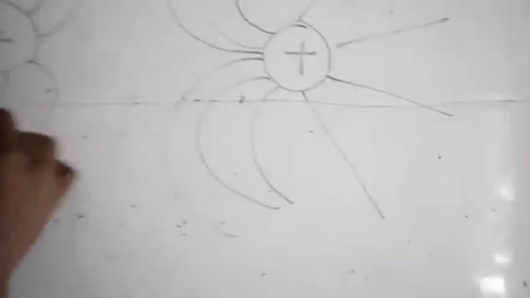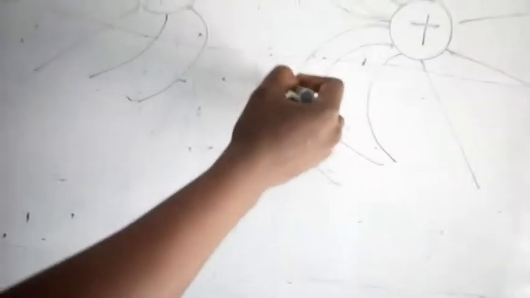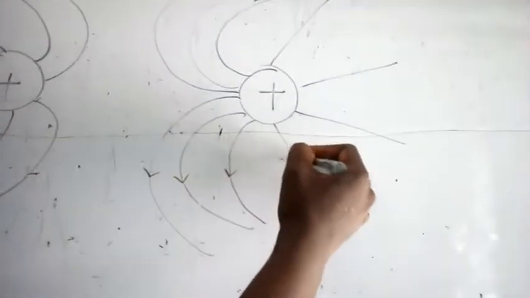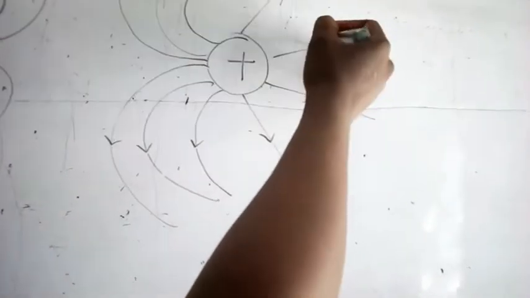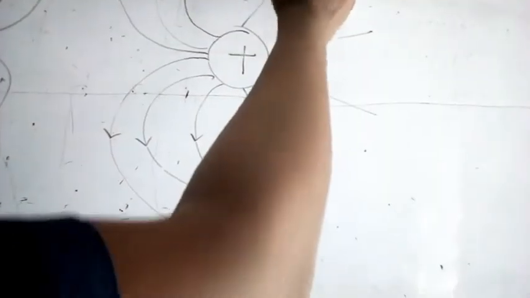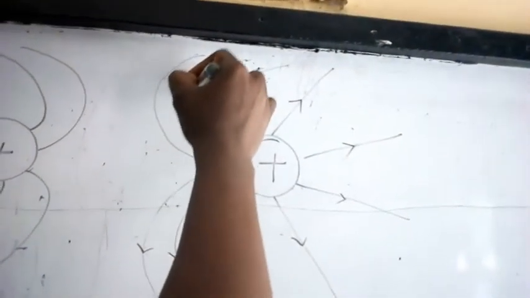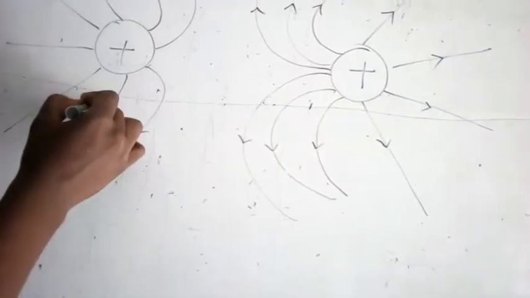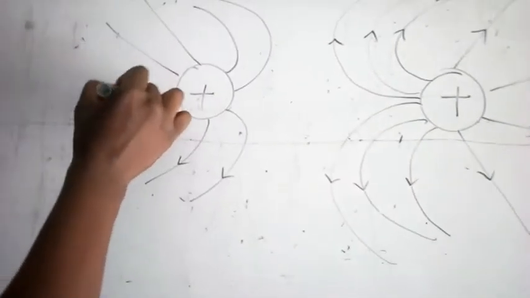Very simple. This one is giving out, and this one is also giving out, because it's a positive charge. It gives out electric field lines. Simple as ABC.